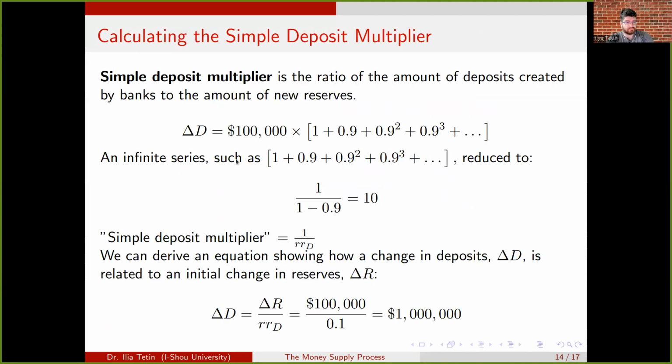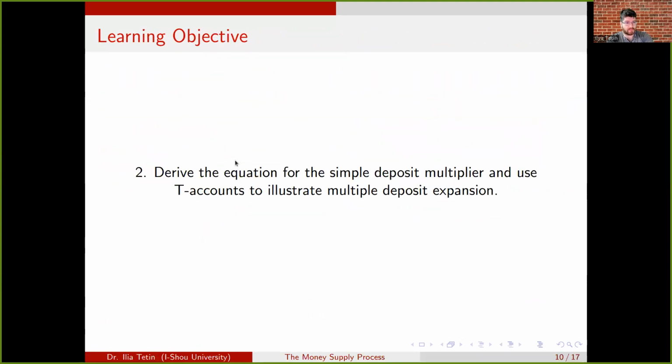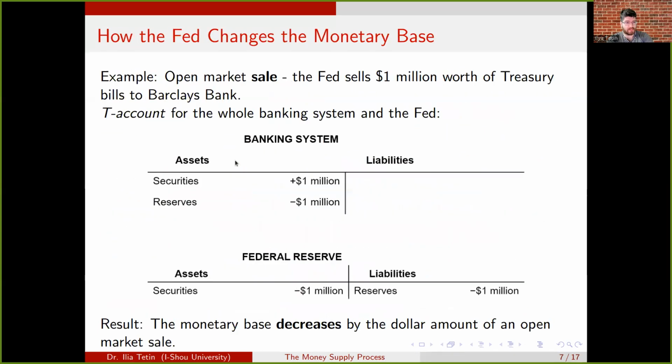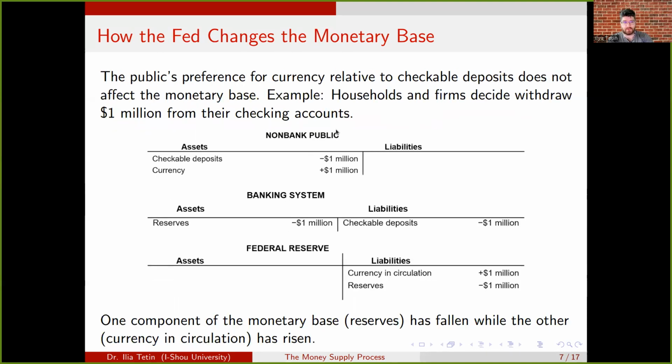And also, what else? Regarding deposit creation and the three types of loans, please review how T accounts respond to that. Understand what assets and liabilities change for the banking system, the Federal Reserve, and the non-bank public, through T accounts.